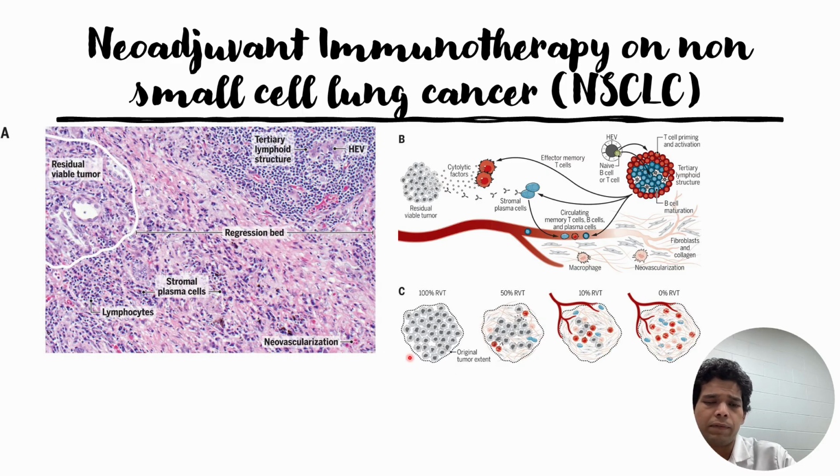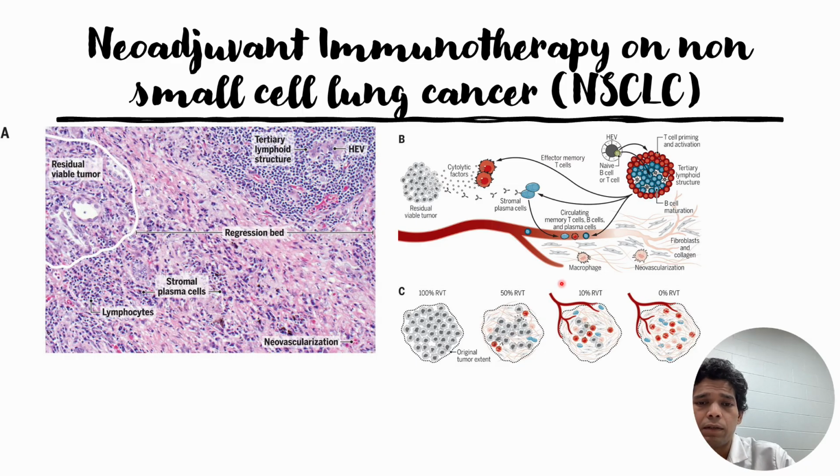Initially the whole region of the tumor is considered residual viable tumor, so it is 100% tumor. Thereafter, with the decrease in the residual viable tumor, or the killing of the tumors, the tumor area in this region is reduced to 50%, then to 10% and 0%.